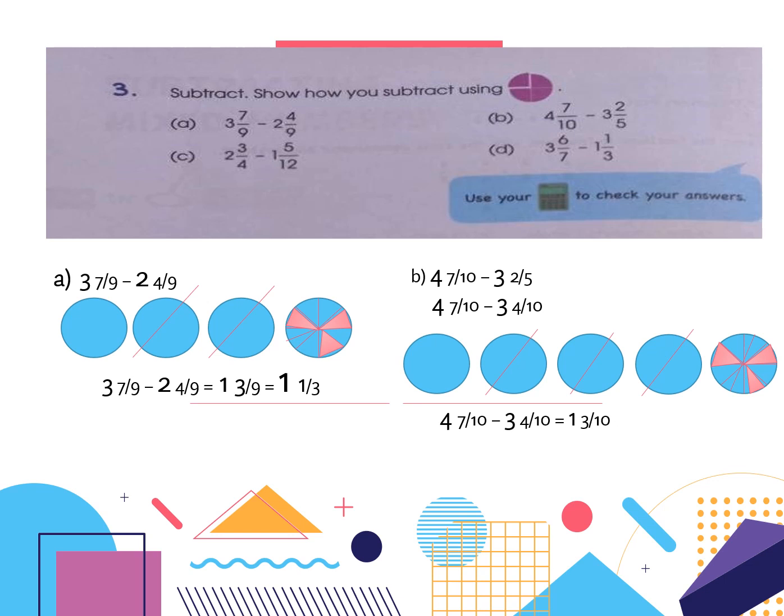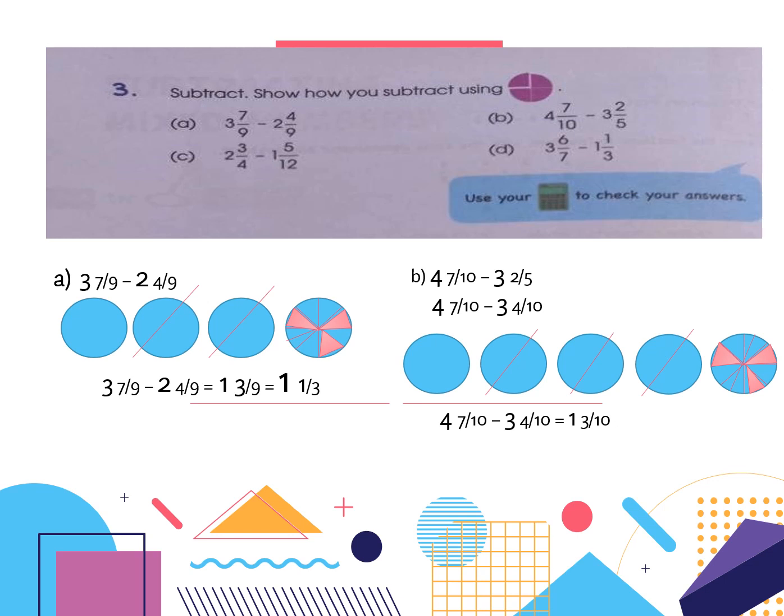In part B we have 4 whole number 7/10 minus 3 whole number 2/5. Here the denominators are different. In the fraction part we can simply make the denominator the same by multiplying and dividing 2/5 by 2, because 2 into 2 is 4 and 5 into 2 is 10. Now we have the same denominator for the fraction parts.